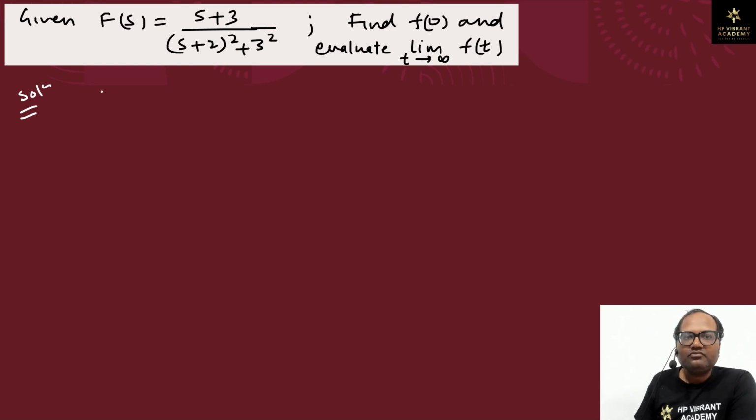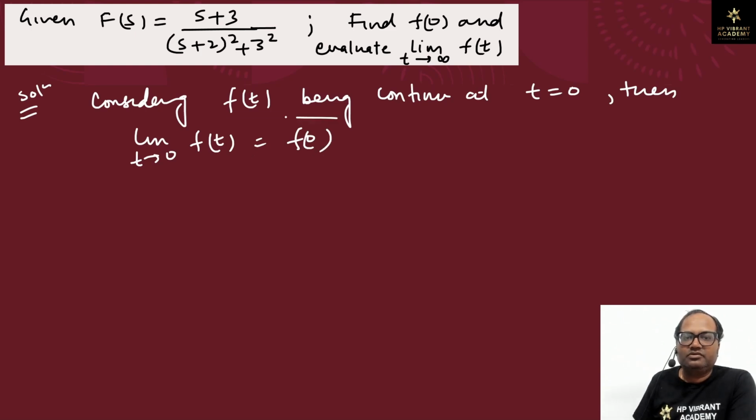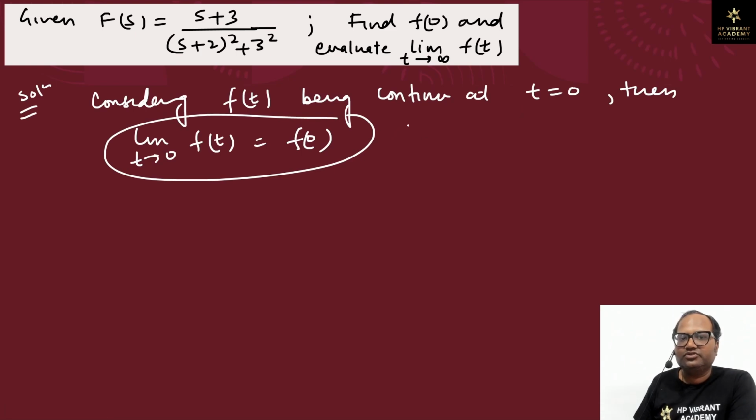Okay. So now considering f of t being continuous at t equal to 0, then limit t tends to 0 f of t is equal to f of 0. We have considered f of t is continuous at t equal to 0, then we have limit t tends to 0 f of t is equal to f(0).